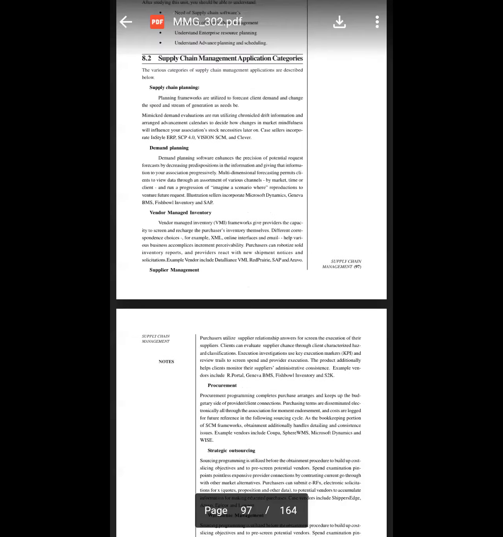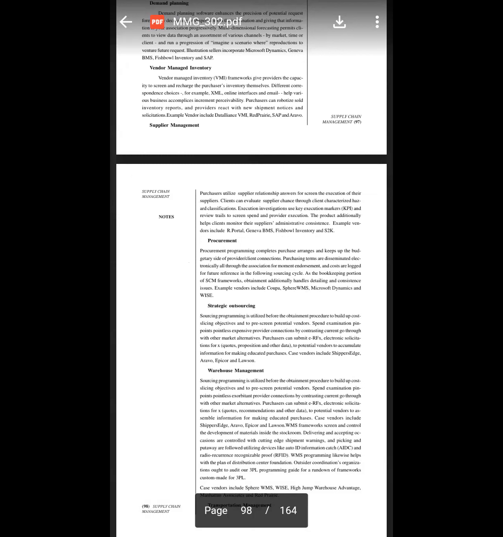Then procurement programming completes purchase arrangements and keeps up the financial side of the supplier-client connection. Purchasing terms are disseminated electronically, although the association of movement endorsements and the costs are lodged for future reference in the following sourcing cycle.